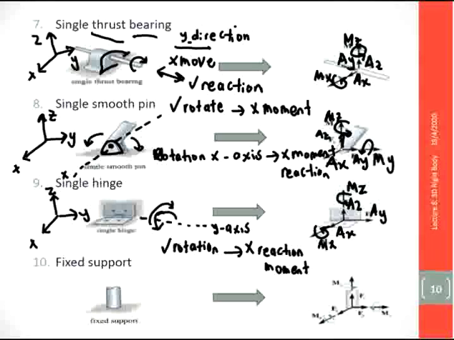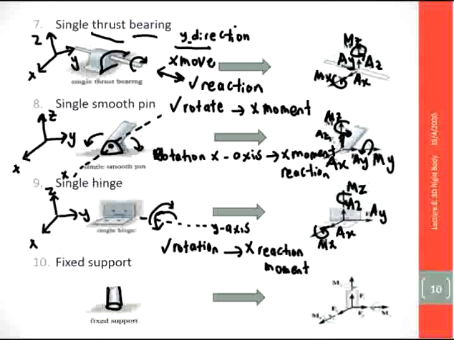Okay, the last one is the fixed support. For example, we have a pillar that's fixed on the ground. This pillar cannot move. It is fixed there, so it cannot move upward, downward, right, front and back, right and left.